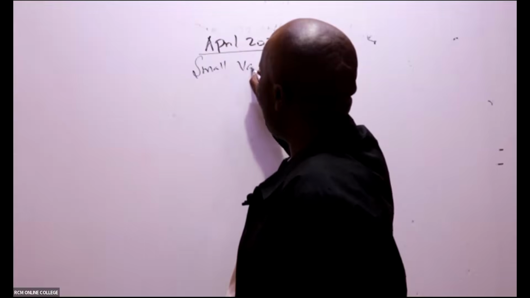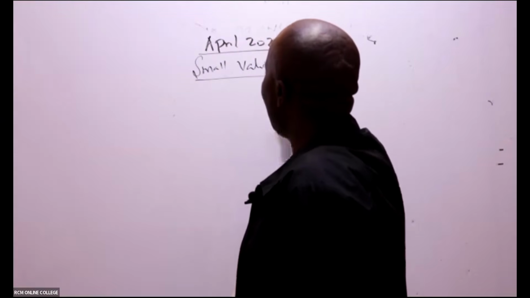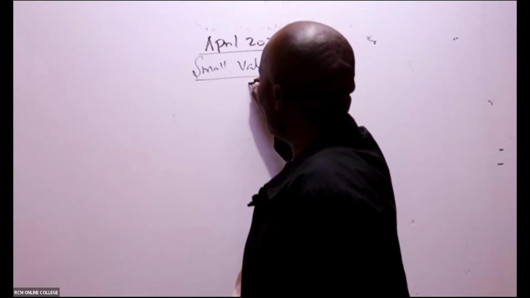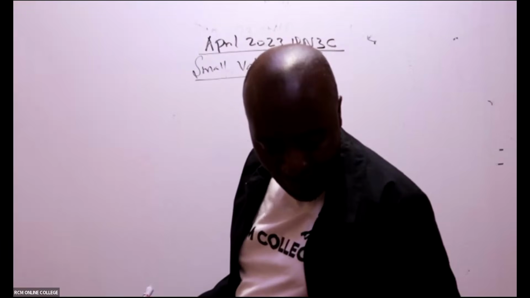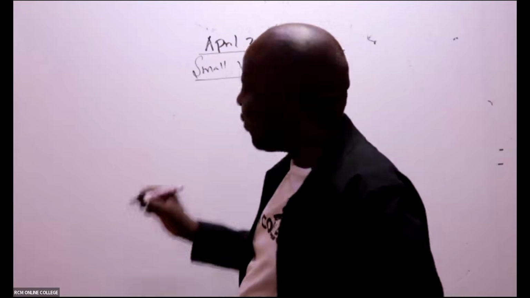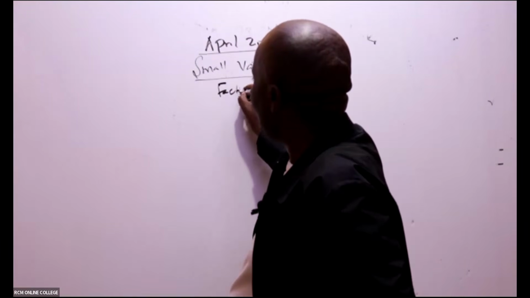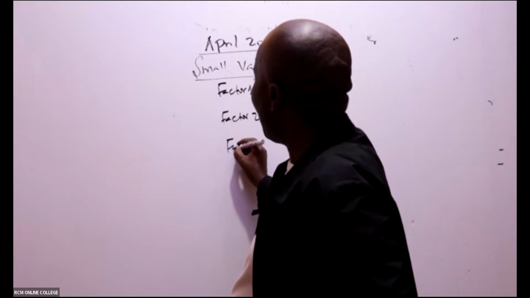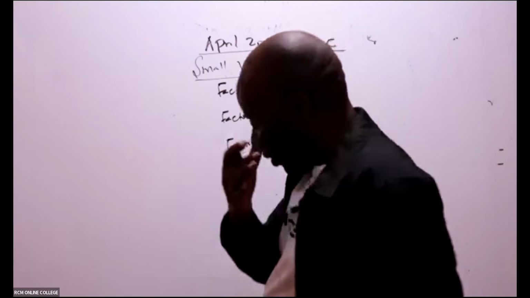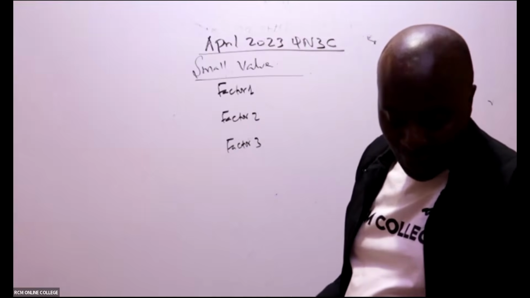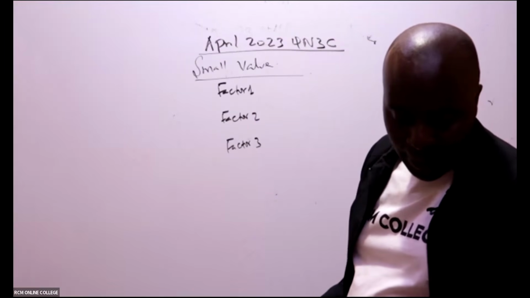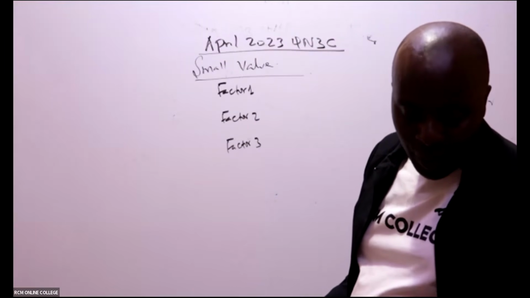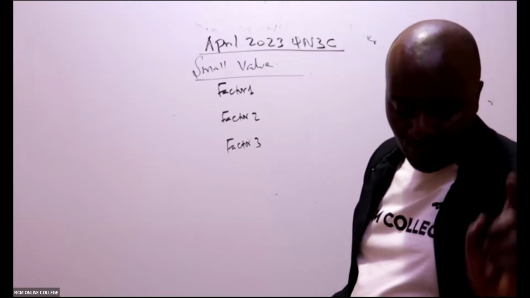So small value, what do we have here? They have given me factor 1, factor 2, and factor 3. First of all they have given me the risk premium applicable to each factor.